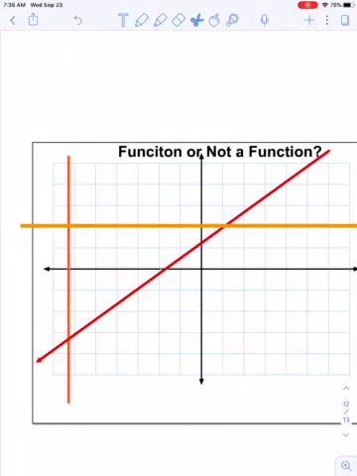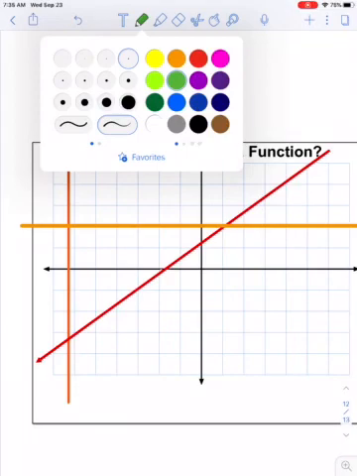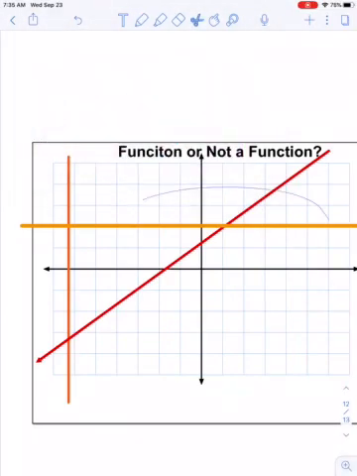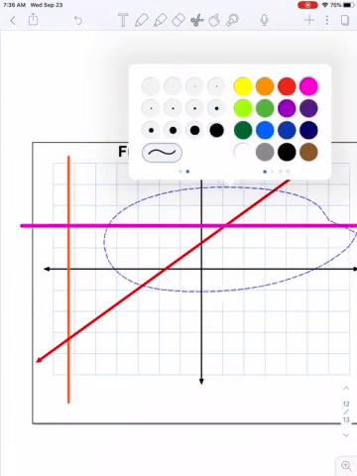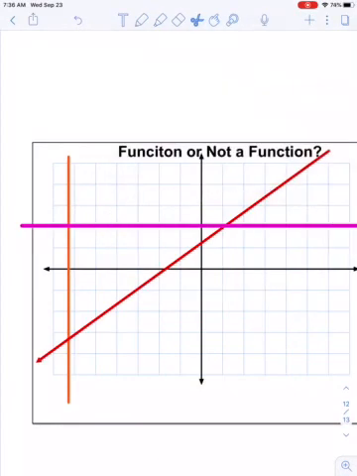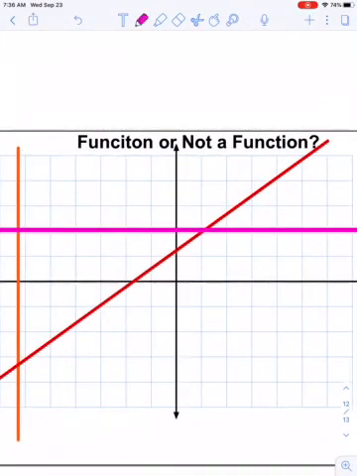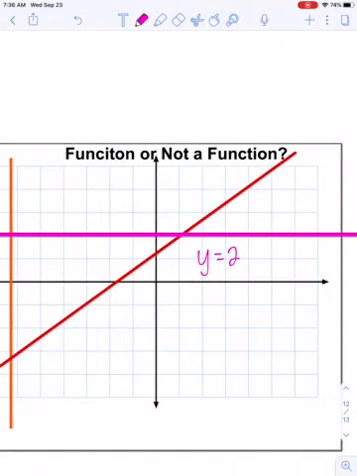So if I make a horizontal line, okay, first of all, let's talk about the equation of that horizontal line. I'll change the color. Okay, so the pink one, the equation of that line is y equals 2. You know how to do your equations of your lines, so all horizontal lines have an equation of y equals.